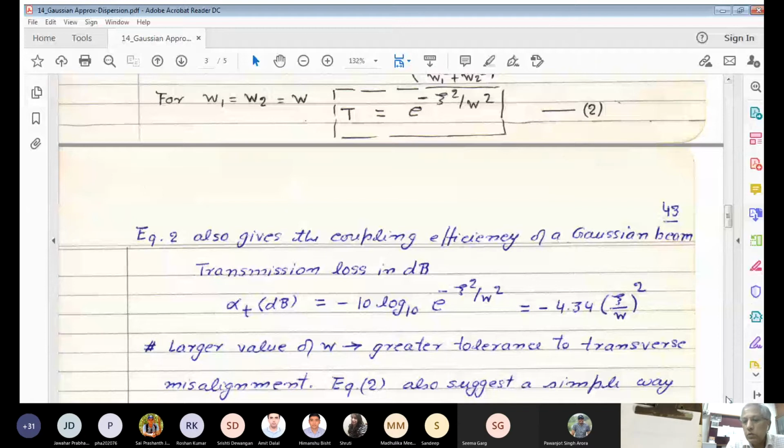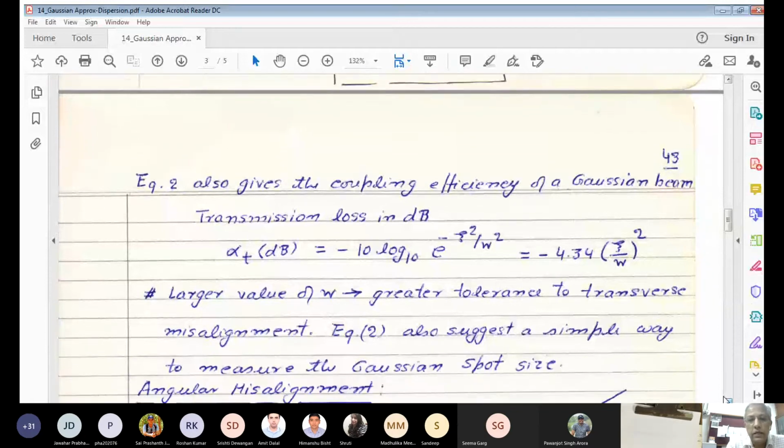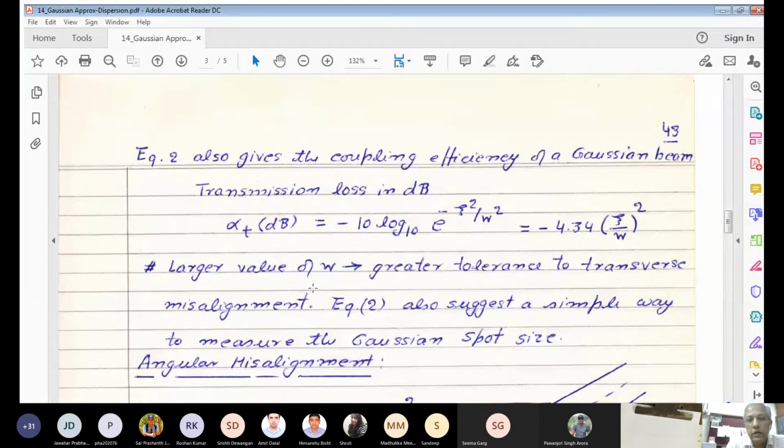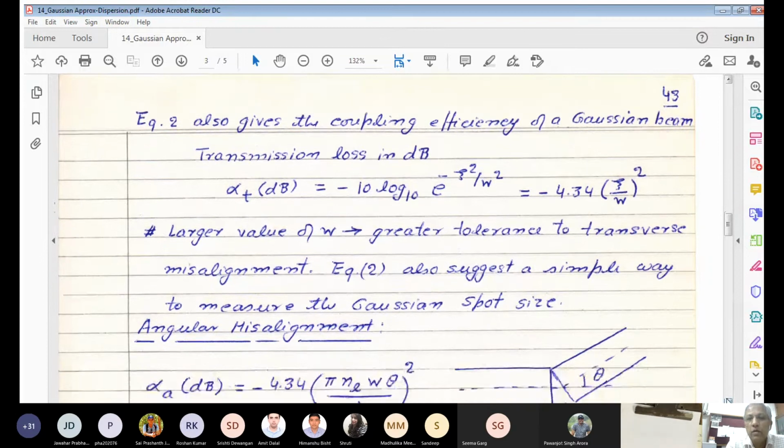One thing should be clear from here, which is obvious: the larger the value of W, the less the loss, and the greater the tolerance towards transverse misalignment. But from this equation, one may think that if I keep on increasing W, my tolerance with respect to transverse misalignment would keep on increasing.